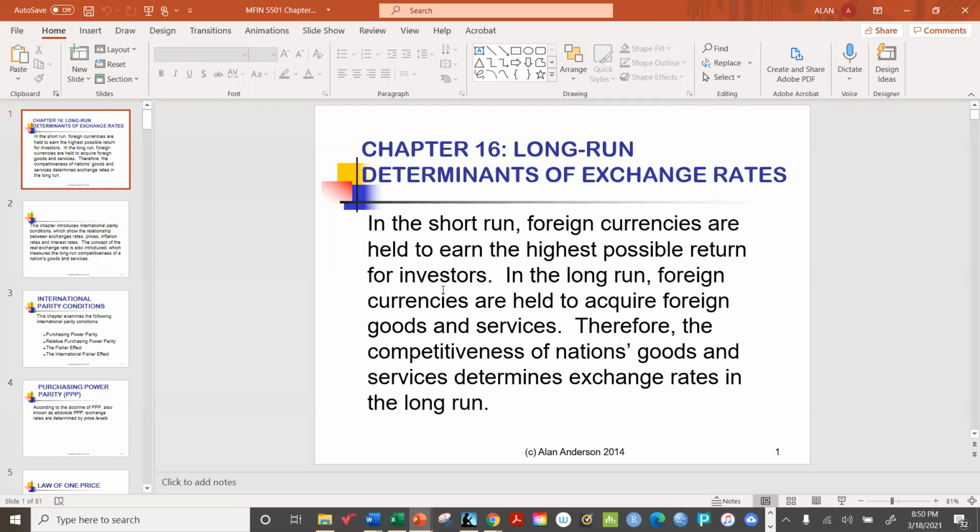So we're also going to, in this case, look at the idea that in the short run, foreign currencies are primarily held as investments. In other words, investors are simply trying to hold or earn the highest possible rate of return. But in the long run, foreign currencies can only be used for one thing, and that's to buy foreign goods and services.